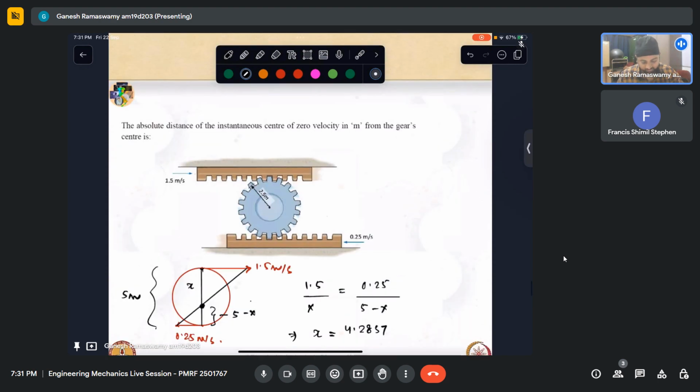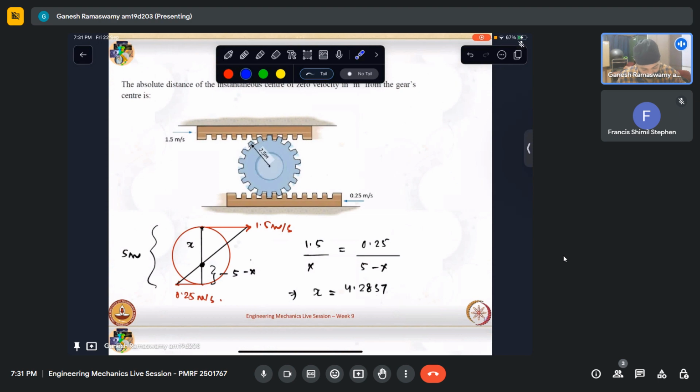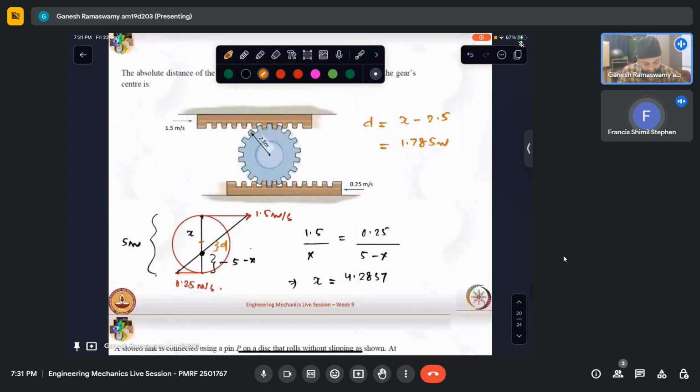What we have been asked is the ICR distance from the center of the gear, so we just need to subtract. If this is the center and that distance is d, d is nothing but x minus 2.5, which comes out to be 1.785 meters. So I hope this is clear. It's a simple problem only.